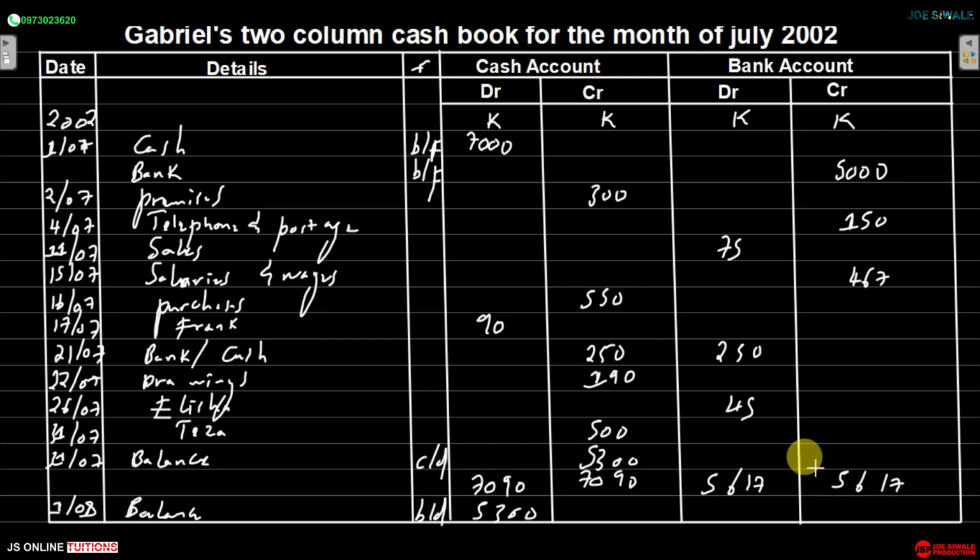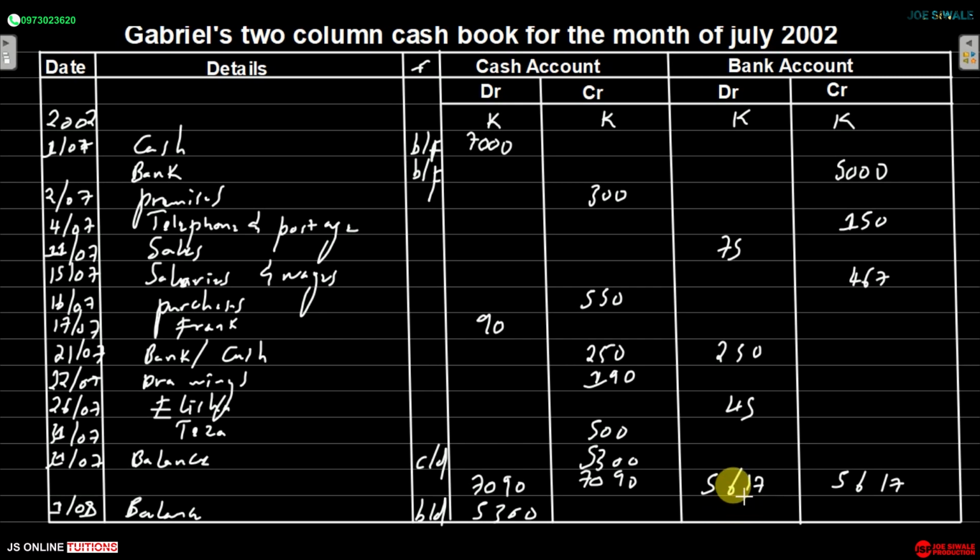So here we're supposed to find our balance carried down on the debit side. And how we find the balance carried down, you just say the larger amount that you have found, which is the total, minus the difference, which is the debit side, the total of the debit side. So we're going to say 5617 minus 370.